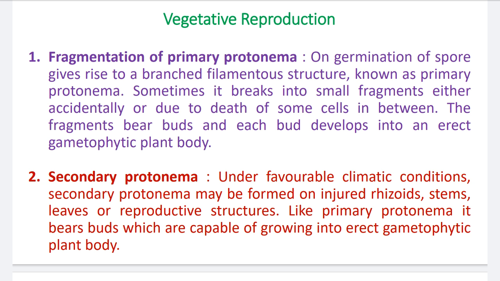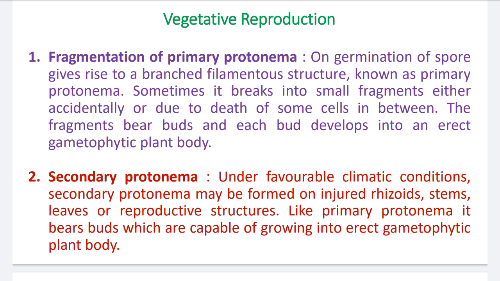The fragments bear buds, and each bud develops into an erect gametophytic plant body. When the primary protonema accidentally cuts into small pieces, each small piece has the ability to regenerate and produces a new gametophytic plant body of Funaria.